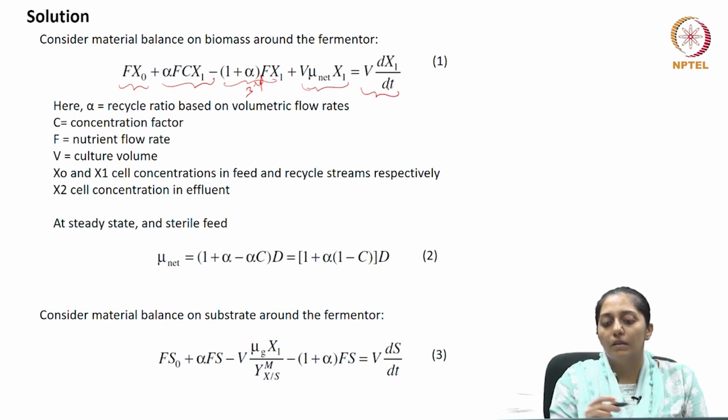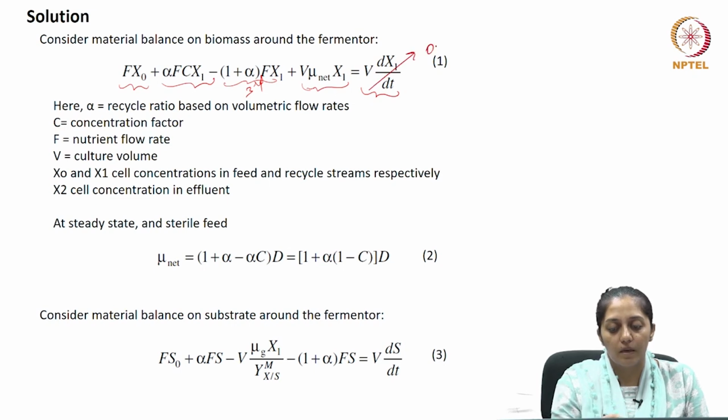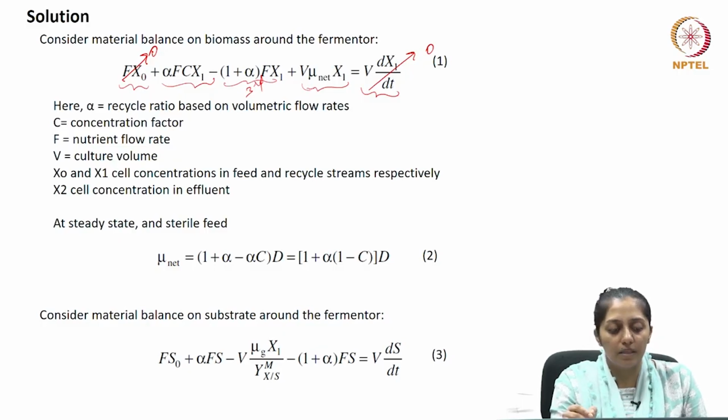Now, because X stands for concentration and it is a chemostat, the volume is constant, which has been brought outside. For steady state, the accumulation becomes 0 for the biomass. The biomass concentration in the feed can be assumed to be 0. If you do the rearrangement, assuming there is no endogenous metabolism, mu net is nothing but mu.